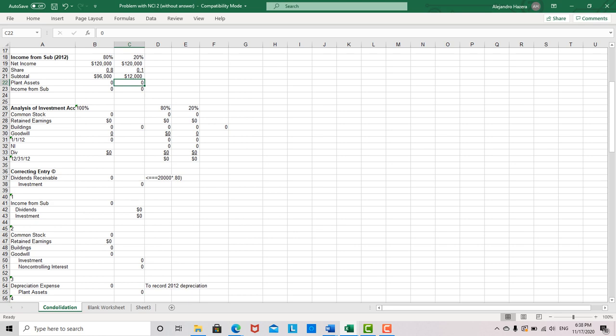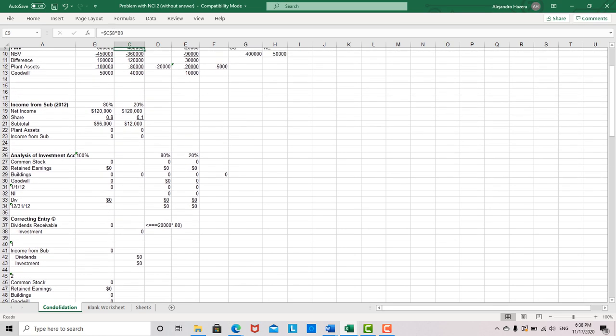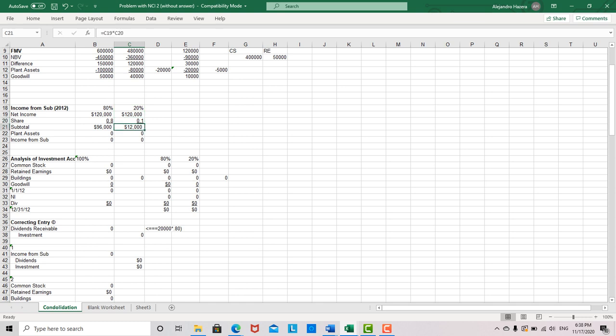Now what we've got to do is bring down some excess depreciation. So we're going to bring down 20,000 for the parent, and we'll bring down 5,000 for the non-controlling interest. And this is going to be a subtotal.